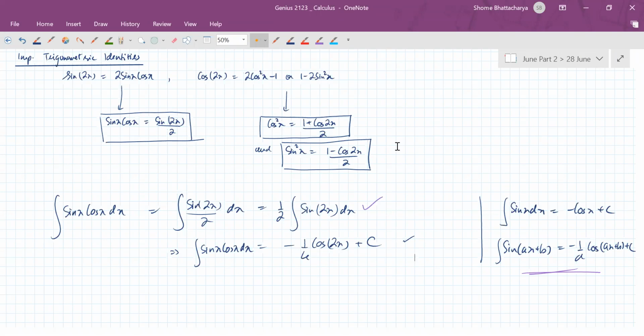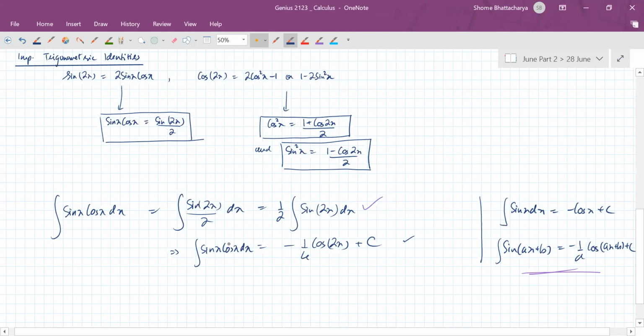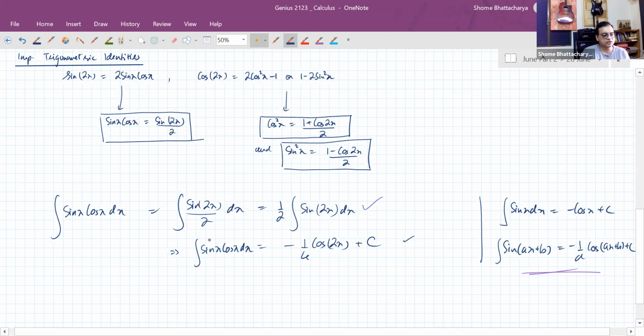Sir, can you explain the last two steps again? These steps over here. So of course this is integration of sine x cos x only. The left hand side is the original integration. The right hand side, what we've done is we've integrated sine 2x using this formula. That integration of sine x is minus cos x. So integration of sine of a linear term will become minus 1 by a cos of that linear term plus c.